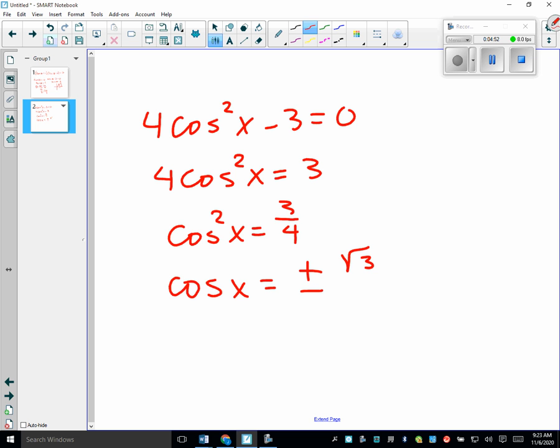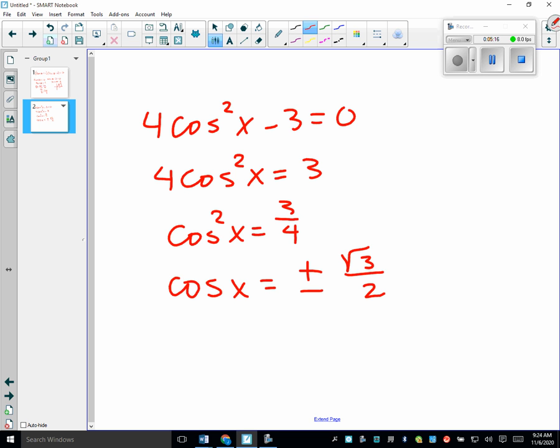How do you know it's positive? Could it be negative? Both. So when you square root, you have to do plus or minus. We've done that before, right?